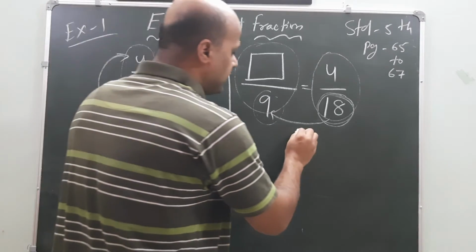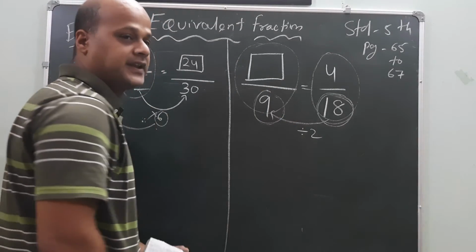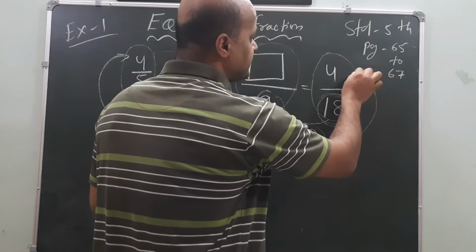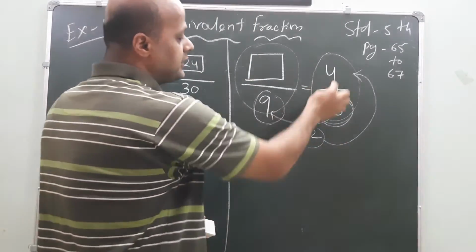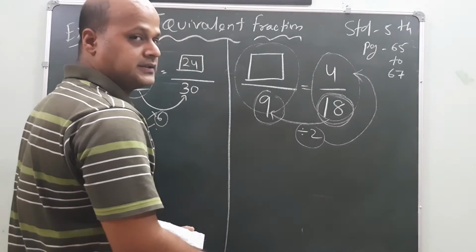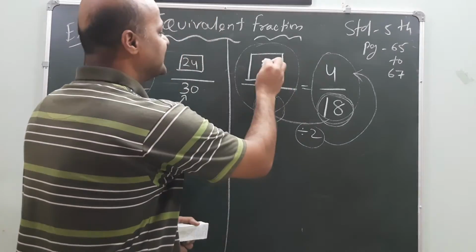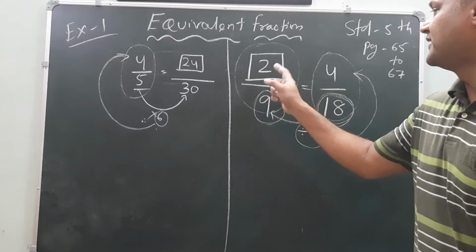Yes, if I divide 18 by 2, then 9 will come in. Yes or no? Now, the same divisor is used to divide the 4. Then what will come in? 4 divided by 2, how much? 2. Okay, so it is coming 2.